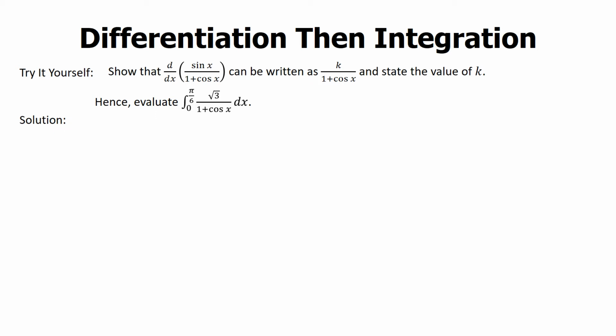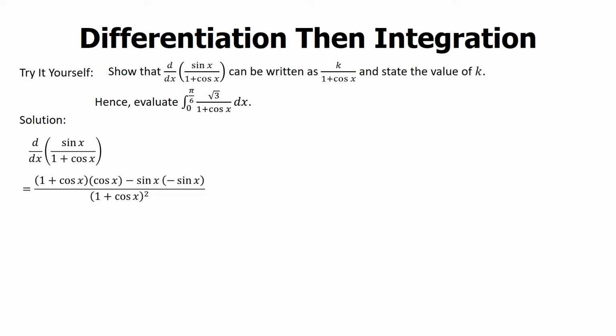Here is the solution. First, we want to differentiate sine x over 1 plus cosine x. So we can apply the quotient rule, which gives us (1 plus cosine x) times cosine x minus sine x times negative sine x, over (1 plus cosine x) squared. Then we expand the bracket, we get cosine x plus cosine squared x plus sine squared x over (1 plus cosine x) squared.